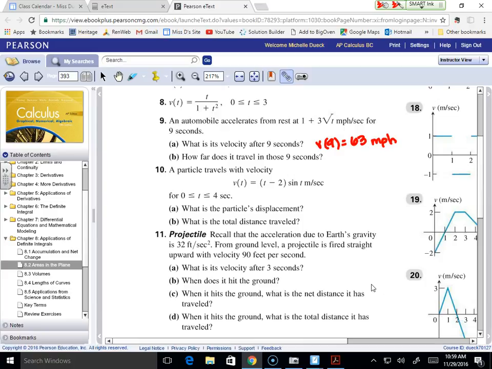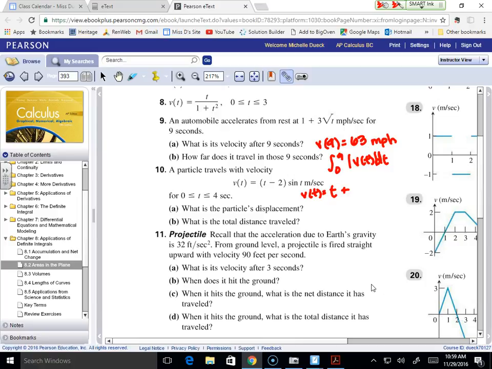So we would love to do the integral from 0 to 9 of the absolute value of v of t dt, right? But the dilemma is, do we have v of t? Not yet. So how do we do it? Integrate. So when we integrate, wouldn't we have v of t is equal to t plus, right?